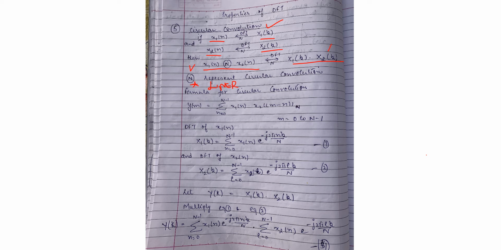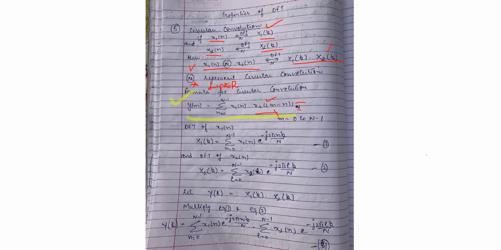The formula of circular convolution, always remember this formula, is y of m equals summation n from 0 to N minus 1 x1 of n and x2 of double bracket m minus n, which means circular shift, where m varies from 0 to N minus 1.